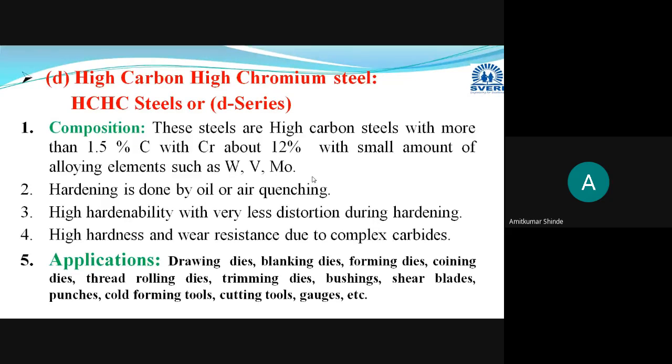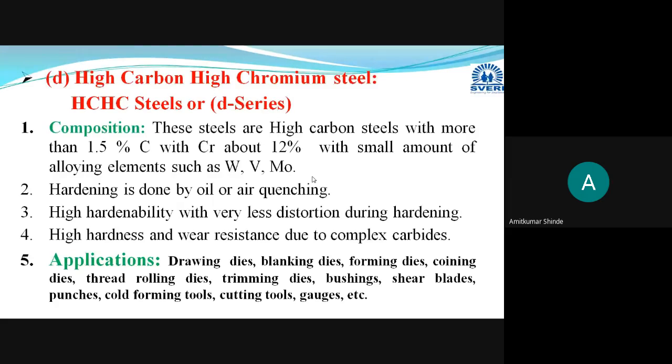Sometimes, in some rare cases, the carbon percentage may be more than 2%, and that is also considered in HCHC tool steels. The percentage of chromium is about 12%, and in addition a small amount of other alloying elements like tungsten, molybdenum, and vanadium is present. This is the composition.